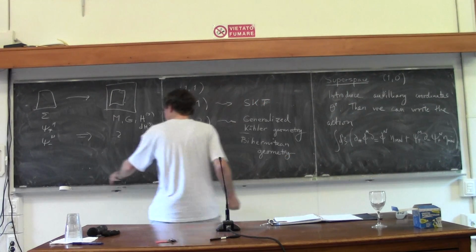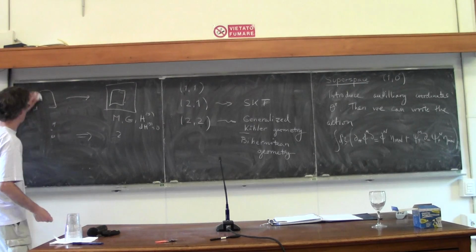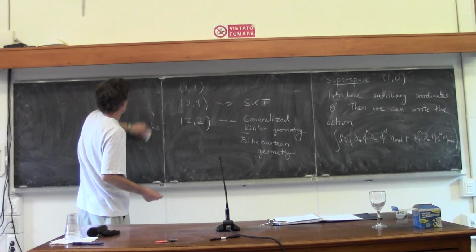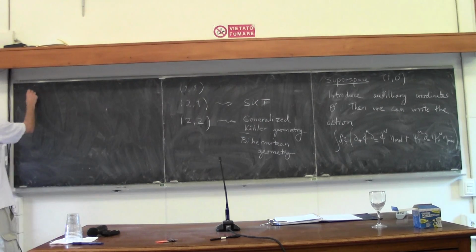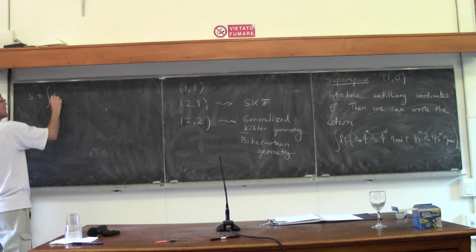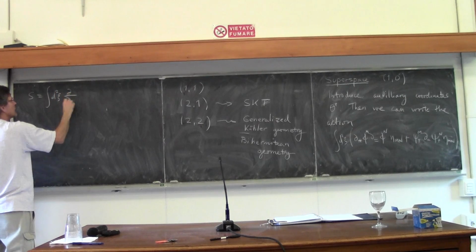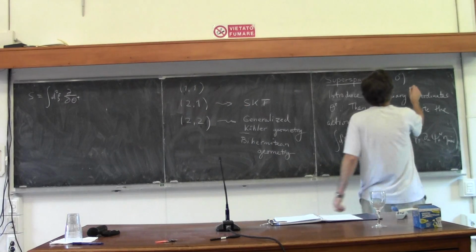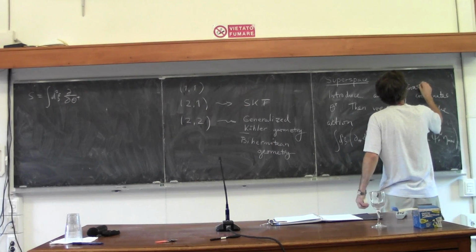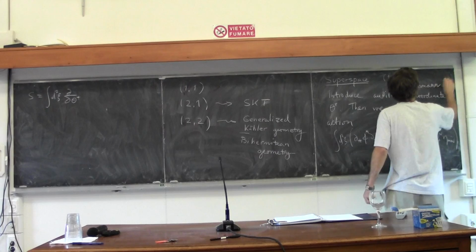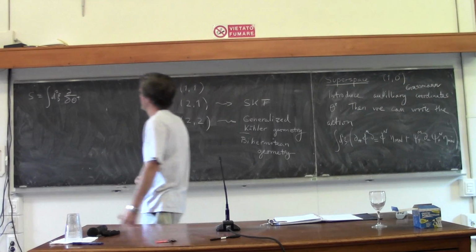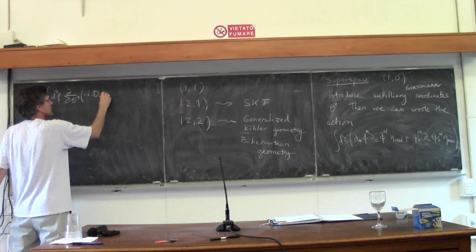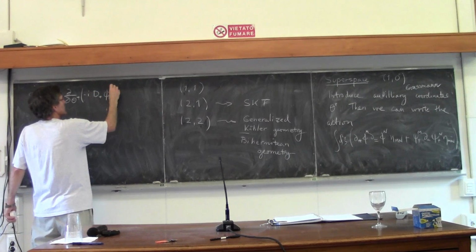Now this can be rewritten compactly and nicely using this additional coordinate in this way. This is a Grassmann coordinate. Let me tell you what this means.